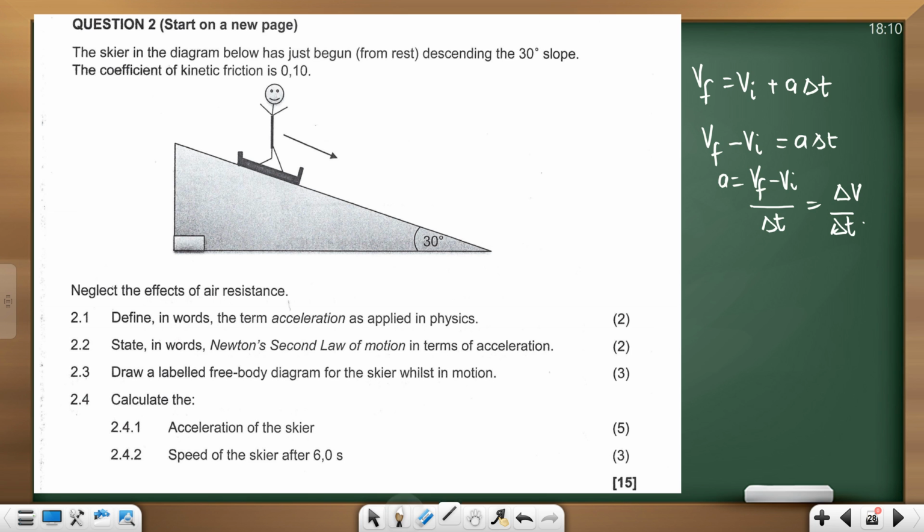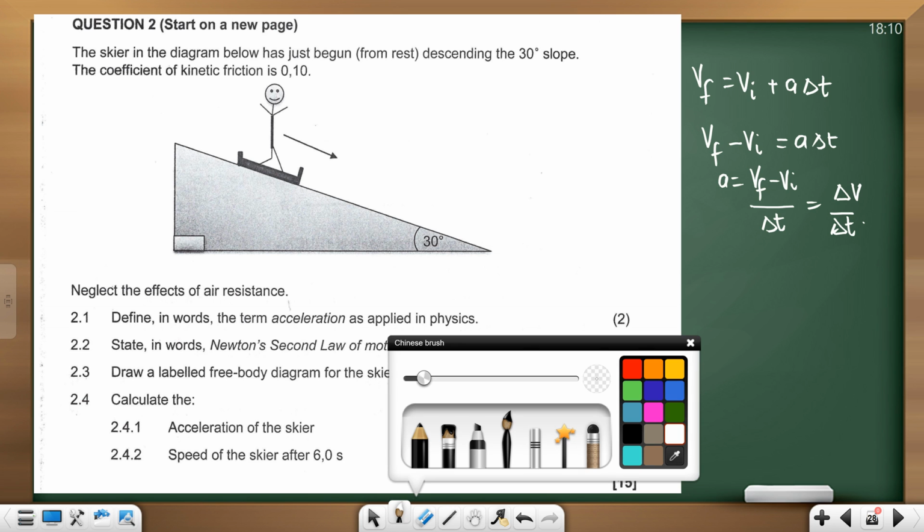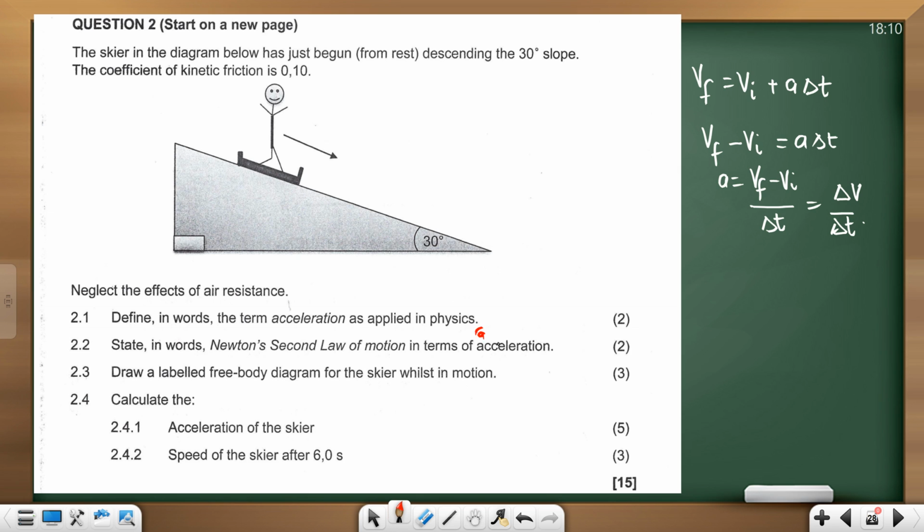You state Newton's second law in terms of A, acceleration, and B, momentum. So I have two definitions that I'm expecting.